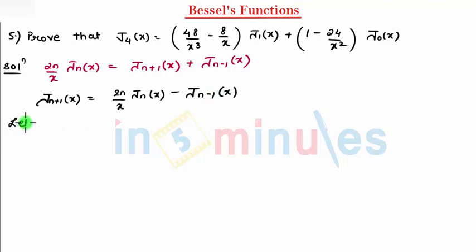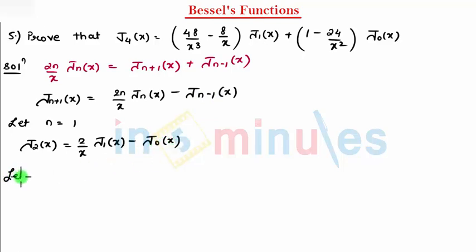So I say let n be equal to 1. If I put 1, this becomes J2 of x is equal to, n is 1, so this becomes 2 by x J1 of x minus, 1 minus 1 gives me, J0 of x.